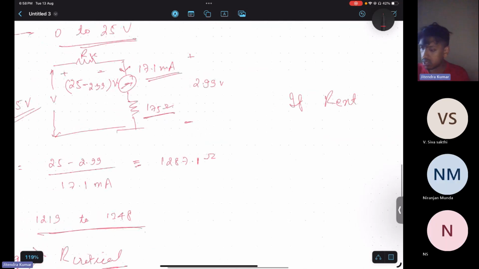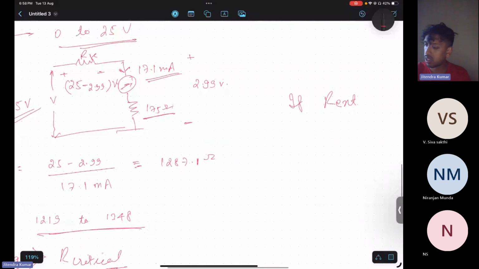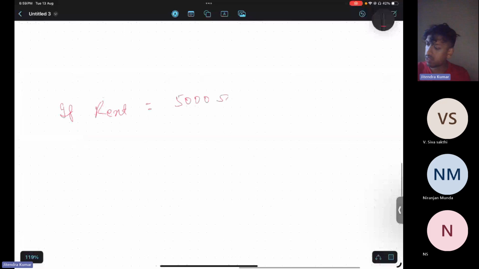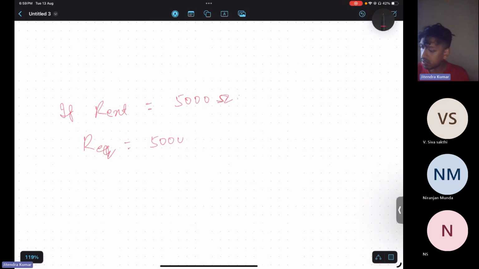If R external is 5,000, then total equivalent resistance will be 5,000 plus 175 ohm.